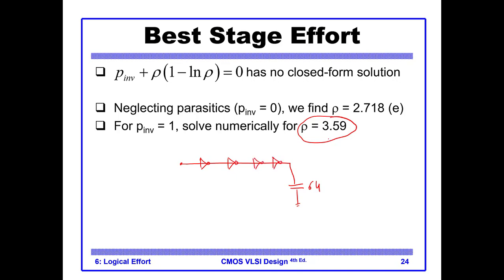It should be 3.59, okay, so it's almost 4. So for the fastest delay, you should use 4 stages, and you should equally divide your delay on these stages. Okay, so this is an interesting equation that tells you that 4 stages should be used.